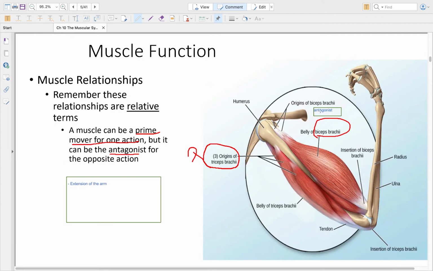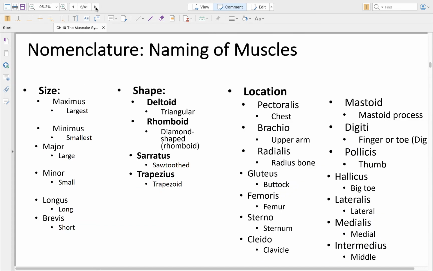The biceps brachii for extension of the arm is the antagonist, and the triceps brachii is the prime mover, or agonist, in this case. So just be aware that a prime mover for one action can be an antagonist for another or opposite action.